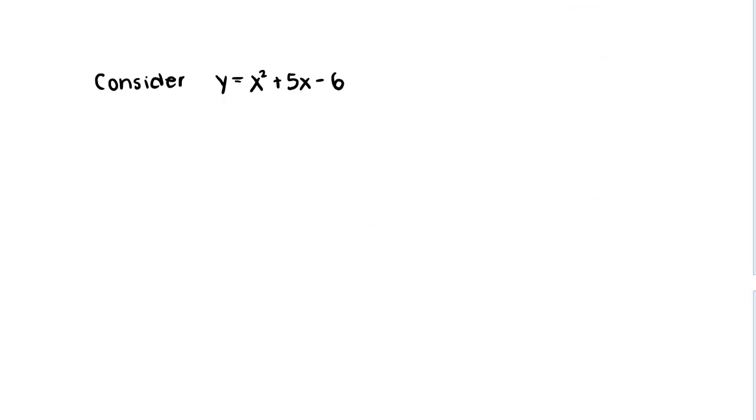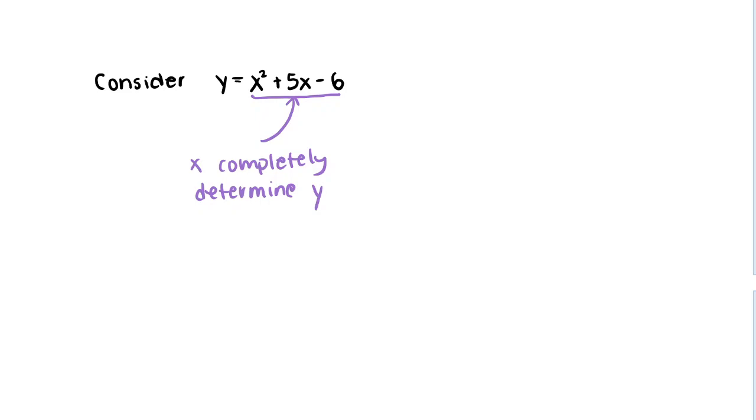Okay, so let's use this equation here to really introduce this idea of function notation. So here, this equation is y is equal to x squared plus 5x minus 6. One thing I want you to notice is that here, the values of x actually completely determine the value for y. Squaring a number is only going to give me one result no matter what number I square. 5 times the number is going to give me one result, and adding or subtracting these quantities together, it's only going to give me one result.